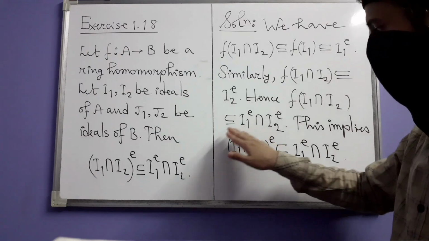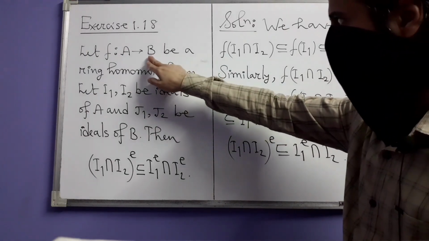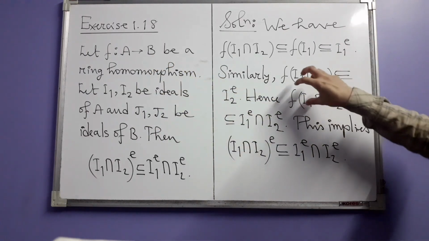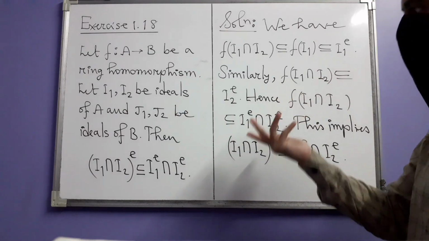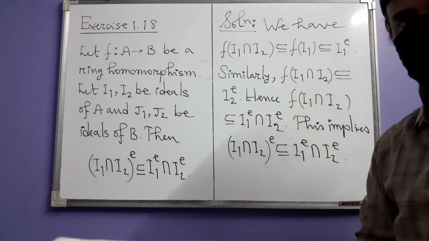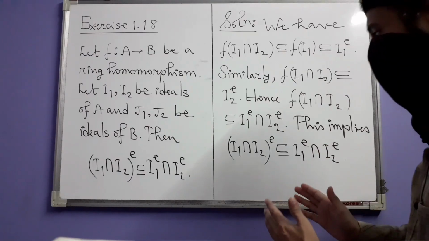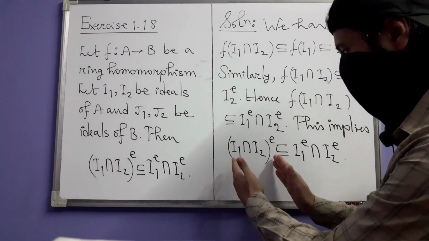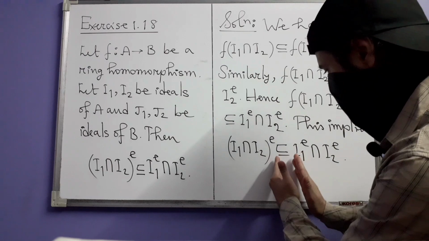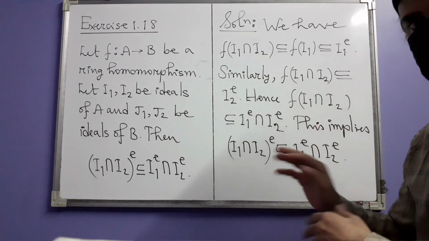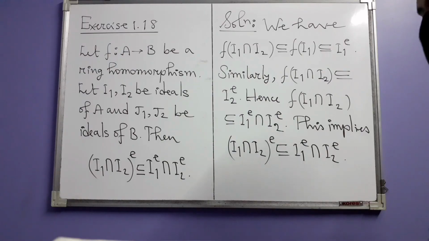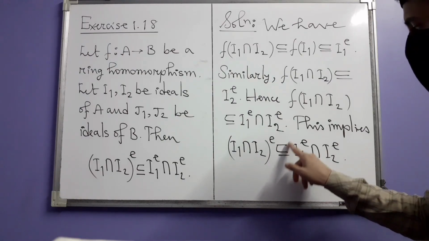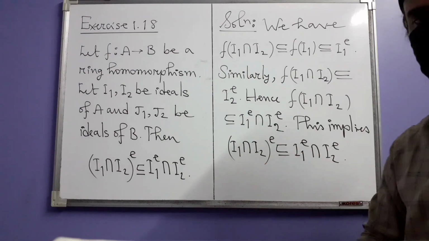It is this thing: the smallest ideal in B that contains F of I1 intersection I2. And this is some ideal in B which contains F of I1 intersection I2. So this smallest nature of the extension makes it a subset of this. Some other ideal may be equal, may not be equal, who knows. That is why we simply have inclusion, not necessarily equality.